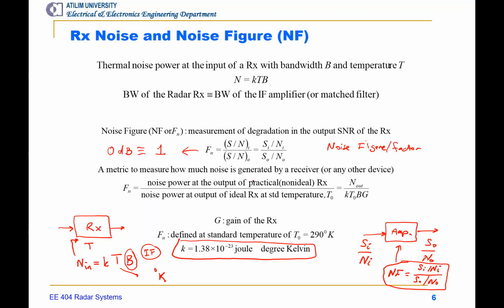For an amplifier, we can write the noise figure with this formula on the other side, where we have the gain, as you see here, and the standard temperature of the receiver. In the next slide, we'll be deriving a minimum detectable signal in terms of this noise figure or the noise performance of the receiver. Any question?